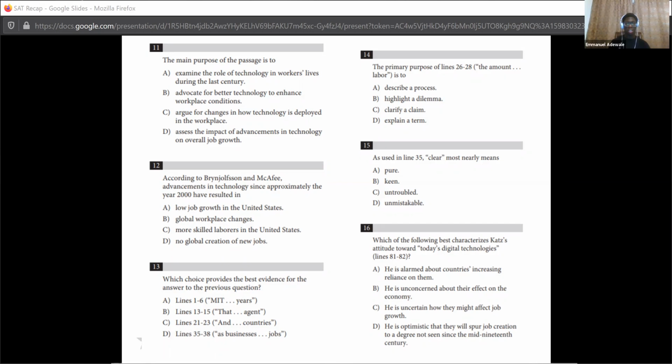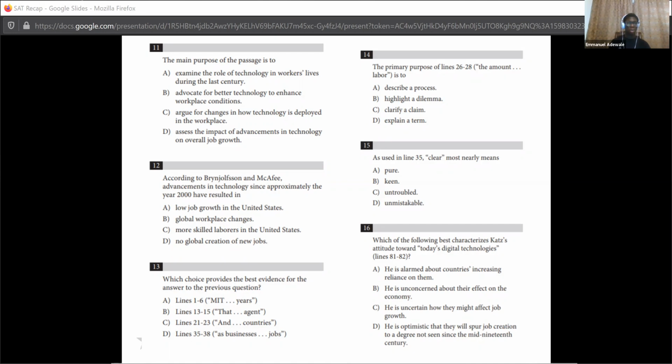I did see somebody answer letter C. And I think for question number 12, choice A is actually the best answer.